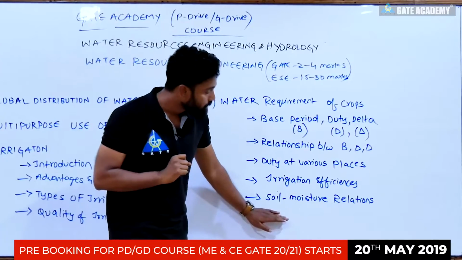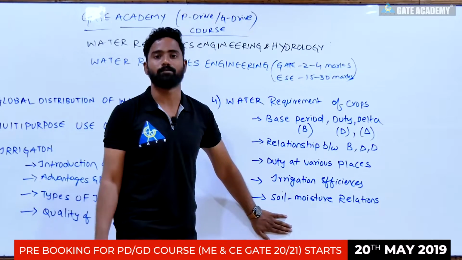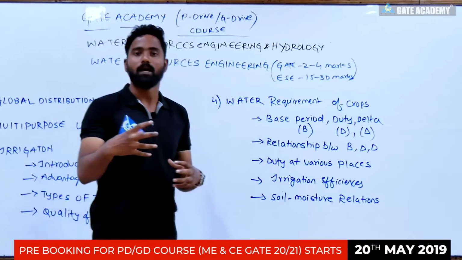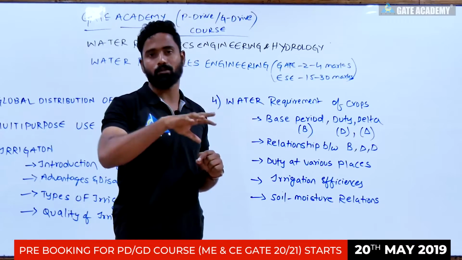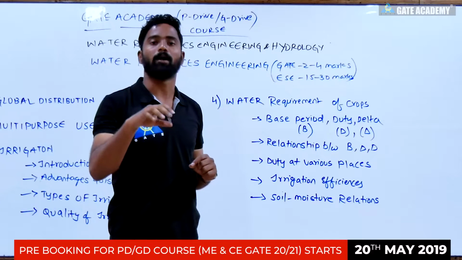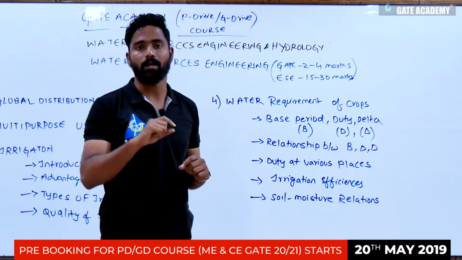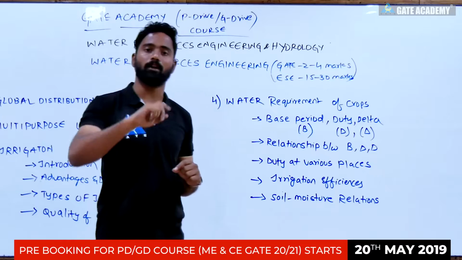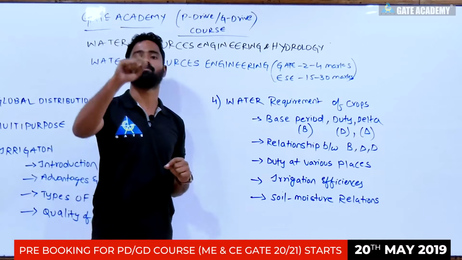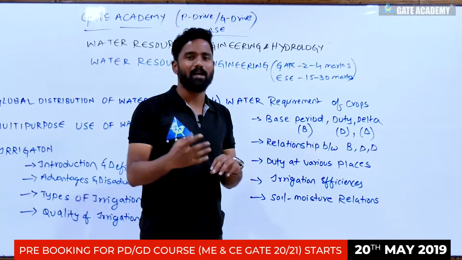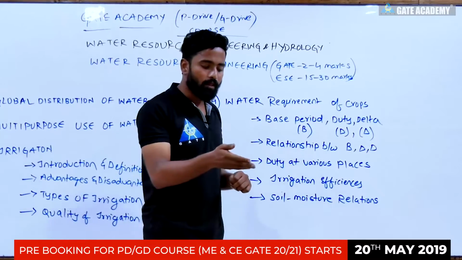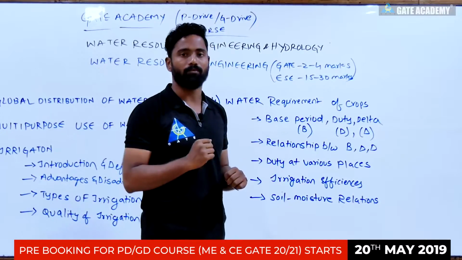Next topic is soil moisture relationships. Here I'll discuss some concepts called field capacity, permanent wilting point, temporary wilting point, readily available moisture, and amount of moisture that is required. The name itself says readily available moisture means the moisture that is present in the field.